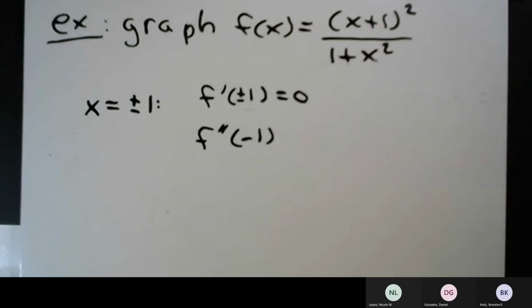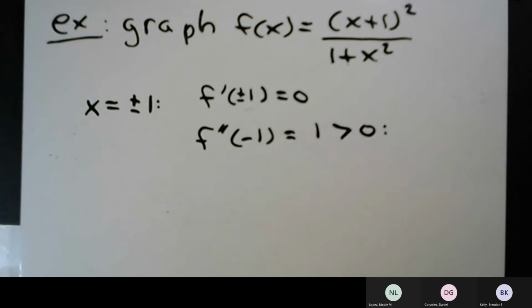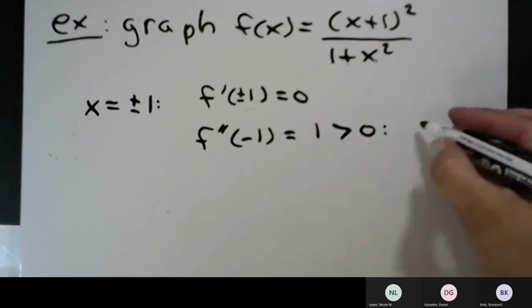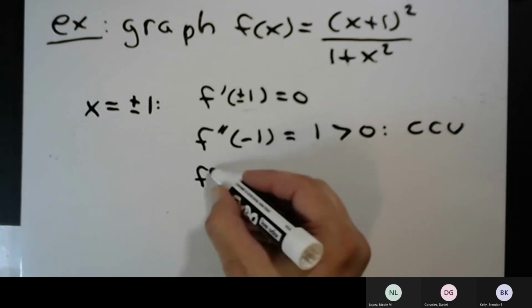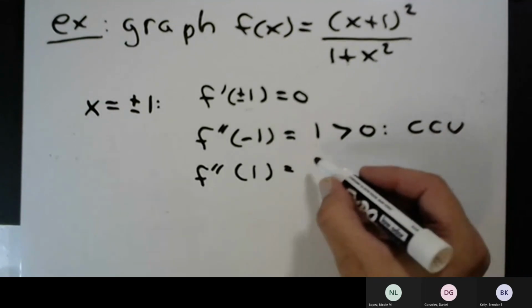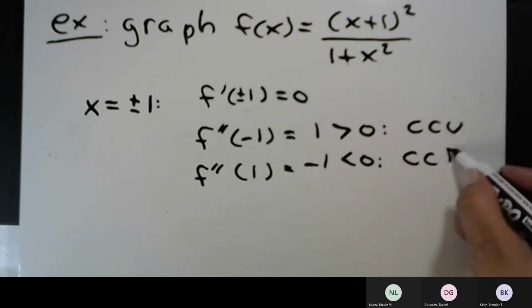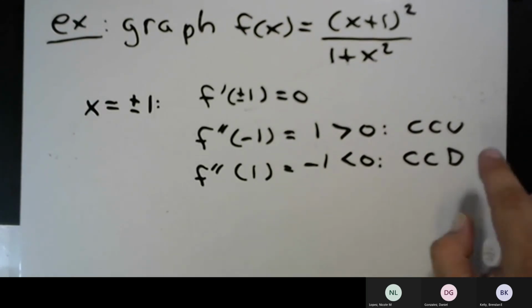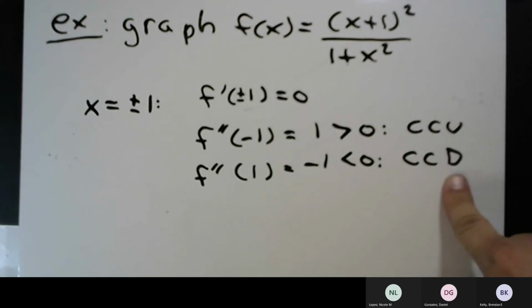Either one will make f prime 0. You plug minus 1 into the second derivative, you'll get 1, which is greater than 0. So when that's positive, concave up. If we plug in 1, we're going to get negative 1, which is less than 0. That's concave down. So concave up means we actually could have a minimum, and this is going to suggest that we have a maximum.